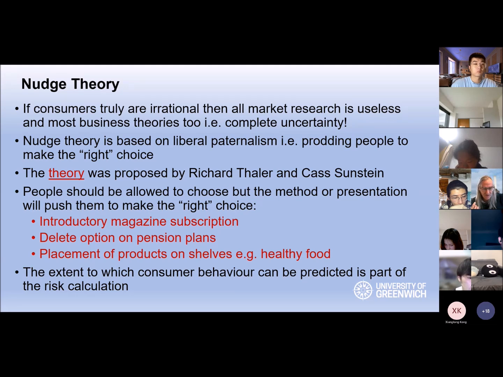Paternalism, from the word for father, pater, means acting like someone's father and telling them what the right thing is to do. Liberal meaning they still have the choice. So nudge theory involves pointing out to people what the right thing is to do and then giving them the right circumstances so they can easily make the right choice.